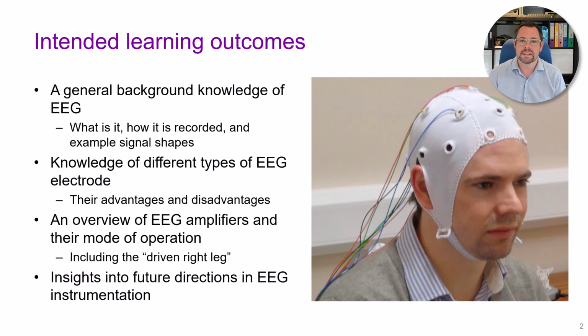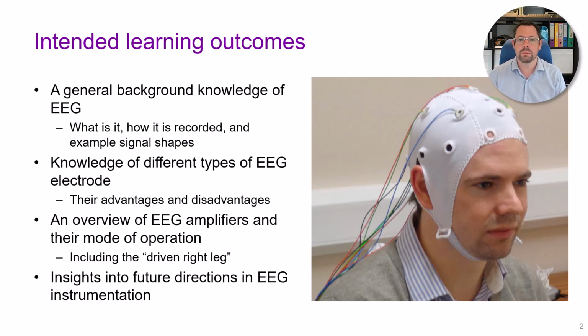For this lecture, I've split it into 4 different parts. Firstly, a general introduction: what is the EEG, going into more depth from the picture we've got on the screen. Then the main part of the lecture looks firstly at the electrodes that we use to make a connection to the scalp, because they have a very important role in determining the signal quality that we get.